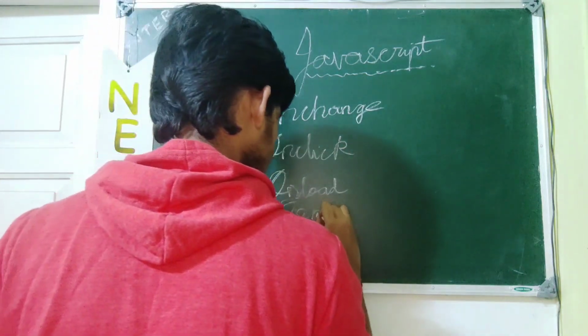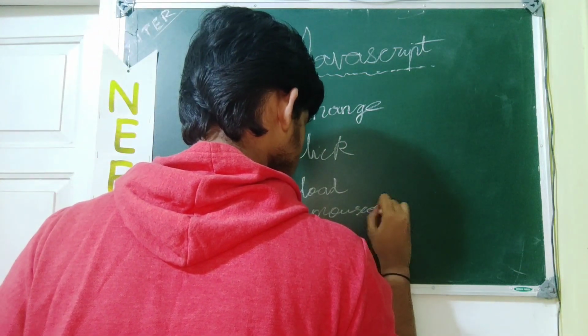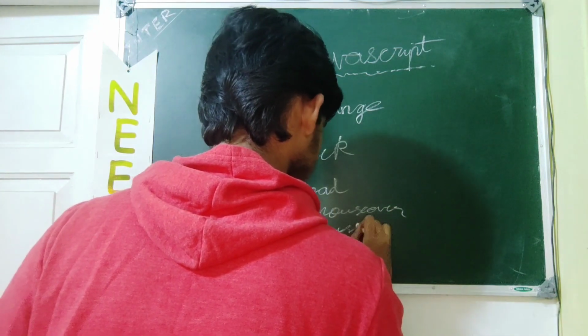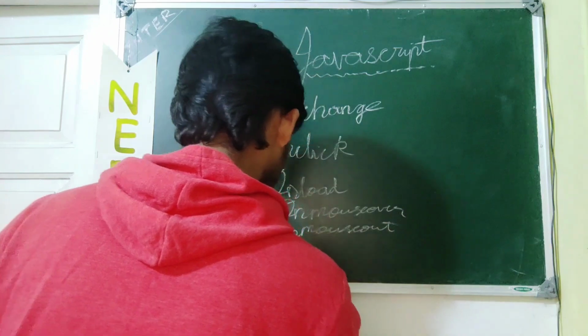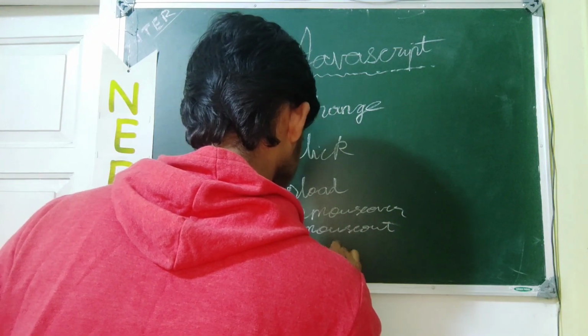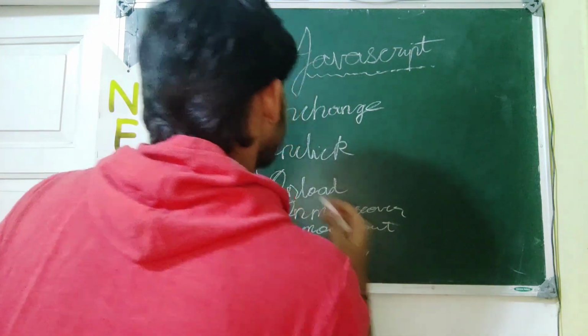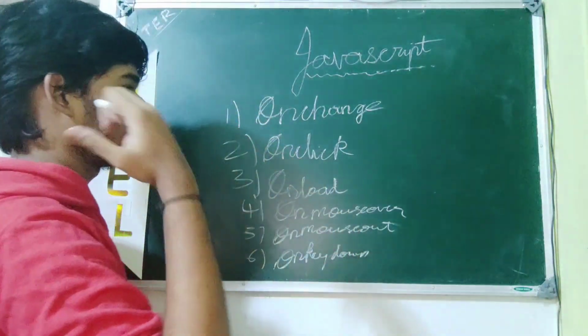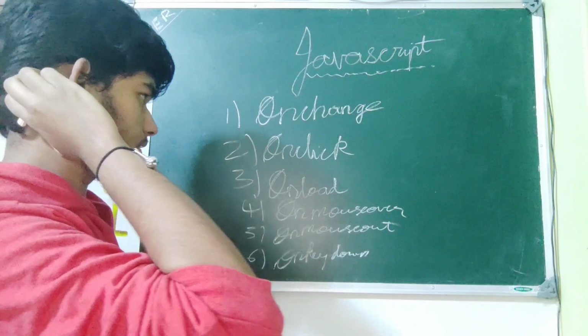On mouse over, on mouse out, on key down. These six are the types of events that we can see most of the time occur in code.